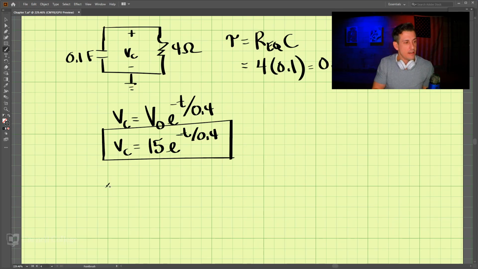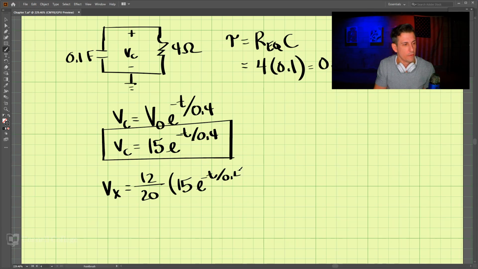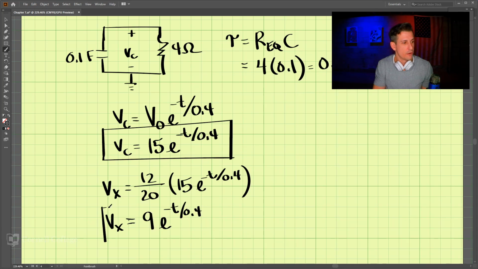So Vx is equal to 12 divided by 20 times 15 e to the negative t divided by 0.4. Multiplying this out, I believe that's 9. Vx is 9 times e to the negative t divided by 0.4. So now we have Vx as well.